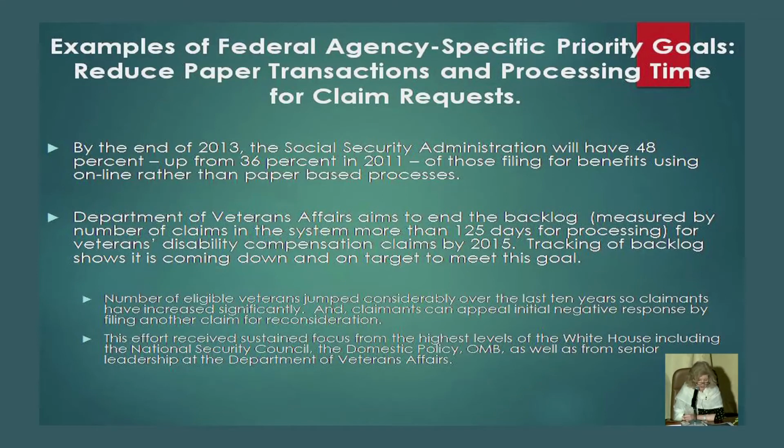The Department of Veterans Affairs is another example where they set a priority goal to reduce the backlog of claims for veterans' disability compensation. This backlog issue had become a major problem politically for the White House, and as a result, there was a tremendous amount of focus from the highest levels in the White House, National Security Council, the Domestic Policy Council, OMB, as well as senior members of the agency to bring the backlog down.